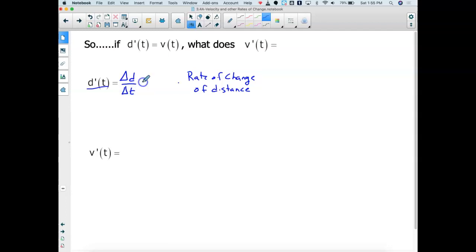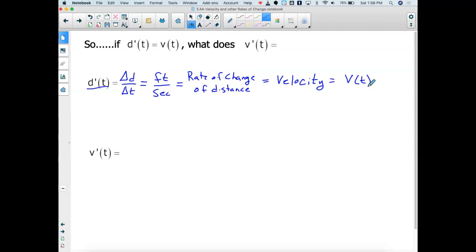My change in distance is represented as feet, time is represented as seconds, okay? So that is my rate of change of distance. Rate of change of distance is velocity, which we call in calculus the v of t function. It's a physical quantity: the derivative of displacement is what velocity is. It's the physical quantity d prime of t, okay?